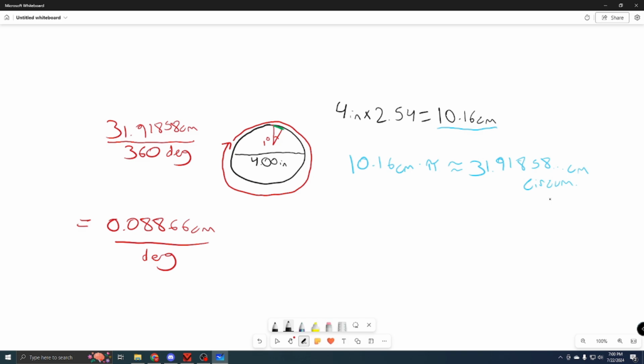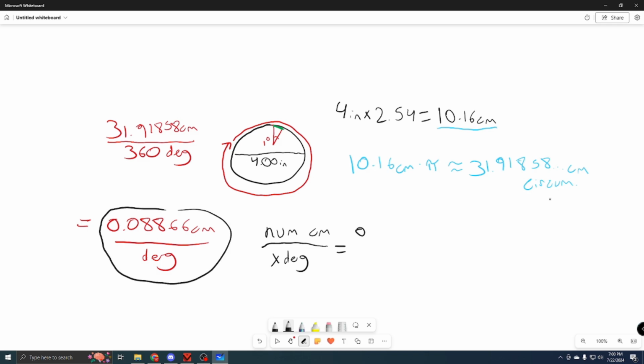Well, we know that we want to travel a number of centimeters, and we want to go this number of degrees to do it. And so that has to equal this ratio right here, so it has to equal 0.08866 centimeters per 1 degree.